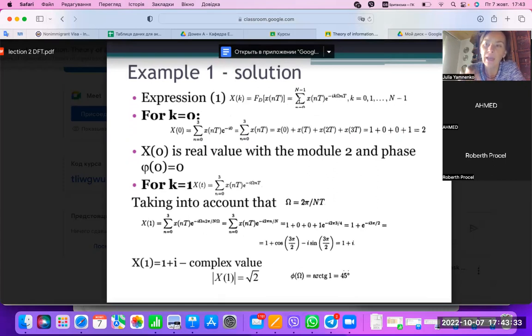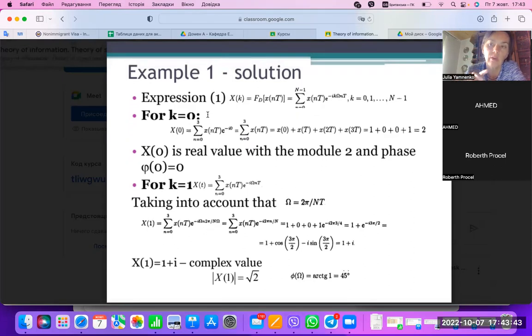We just apply this equation for different values of k, because k is our counter. When k equals 0, we put this value into the formula and obtain the first component of the Fourier spectrum. Then we put k equal to 1 and obtain the next component. Then k equal to 2, and then k equal to 3.